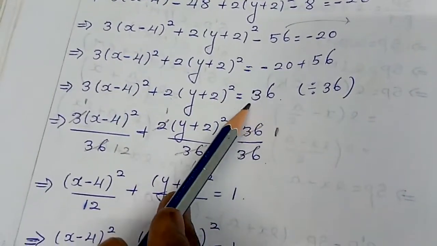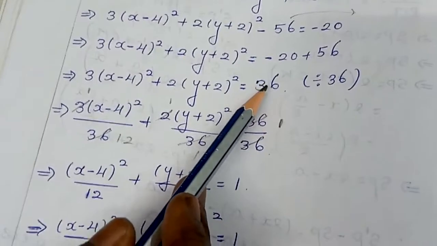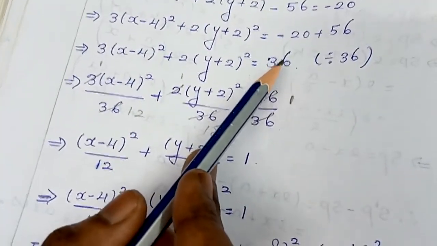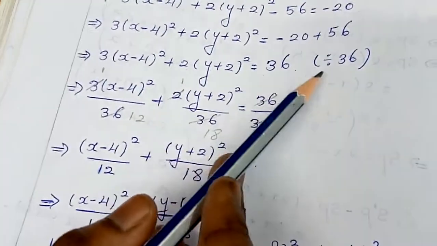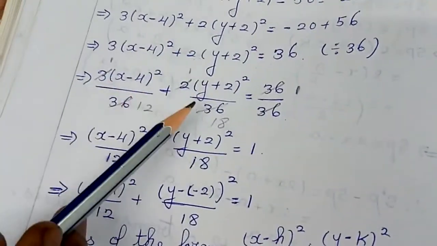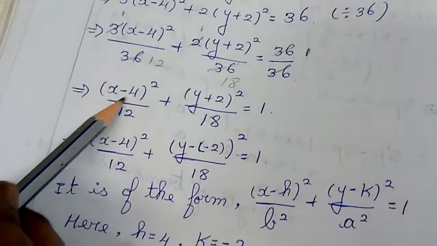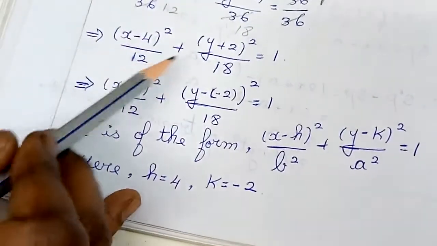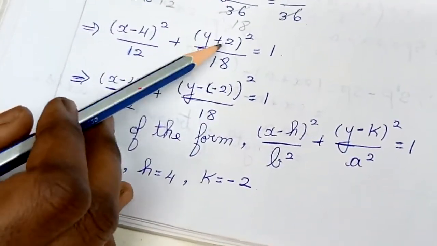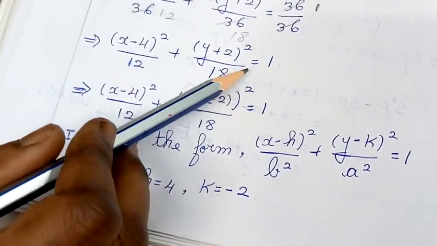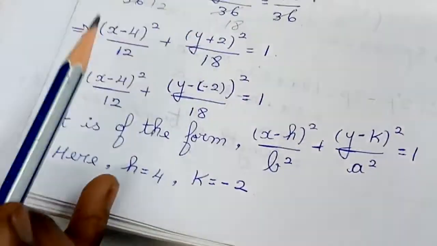In place of 36 I must have the value as 1. That is the concept for both hyperbola and ellipse. Divide by 36. After dividing by 36 you will be getting x minus 4 the whole square by 12 plus y plus 2 the whole square by 18 equal to 1.